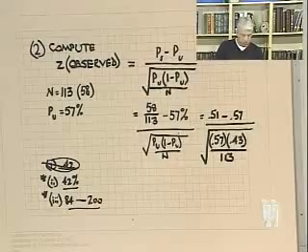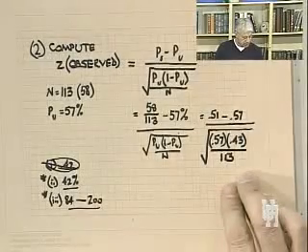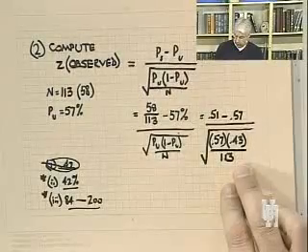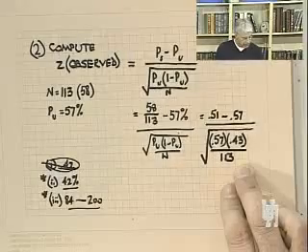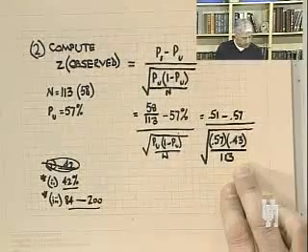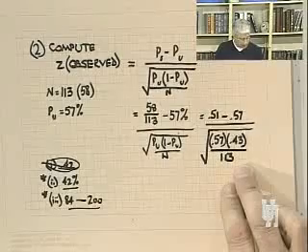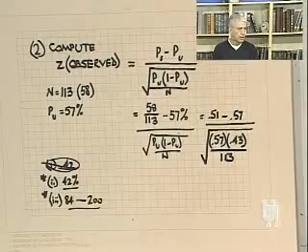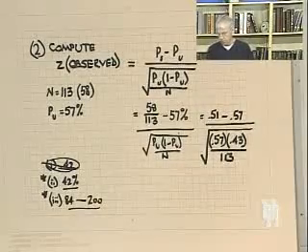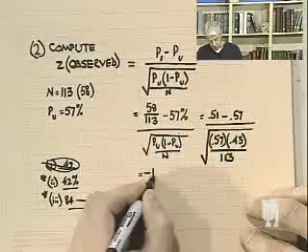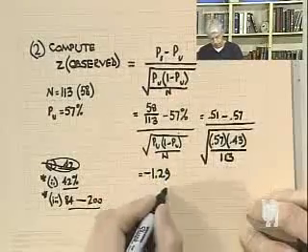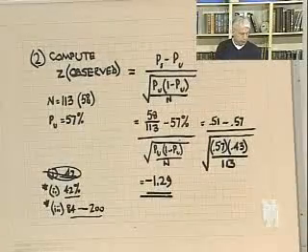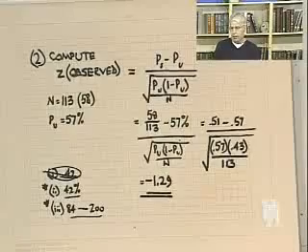So you now set about the plugging and chugging. 0.57 multiplied by 0.43 divided by 113. You take the square root of that. You multiply. I think the answer is 1.29. Minus 1.29. Yes. That is the observed value of Z is minus 1.29.